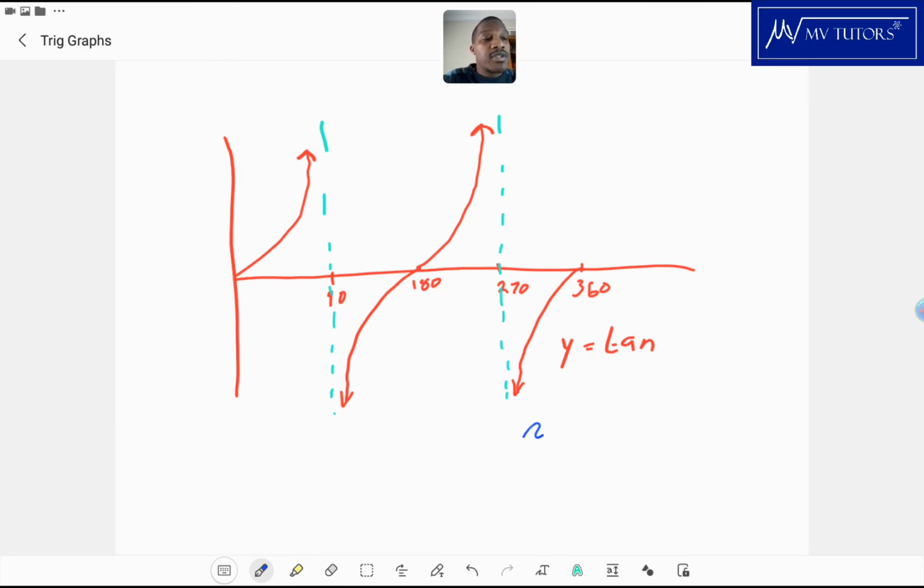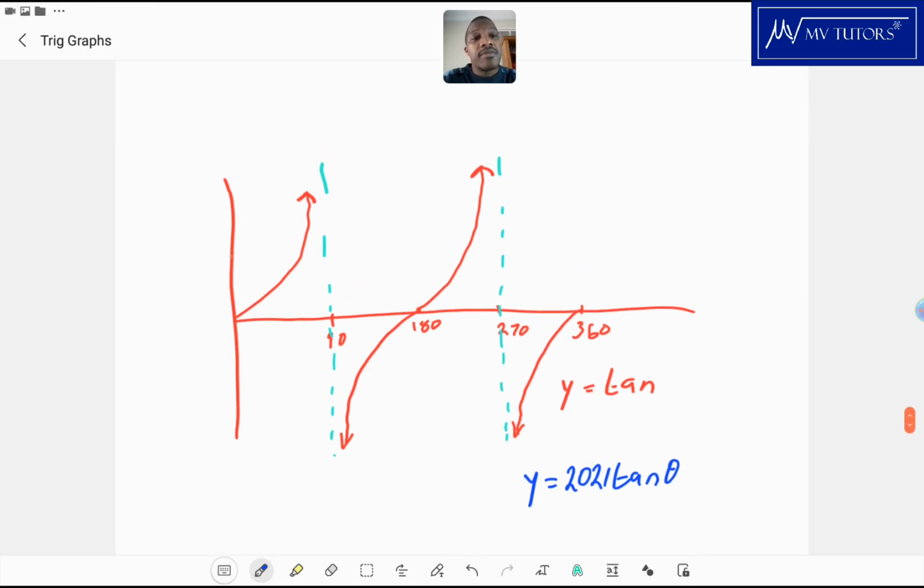Now, what happens if we're given y equals, let's say, 2021 tan theta? Well, it's exactly the same as we did last time. We're just going to put 2021 over there, and here we put a negative 2021.